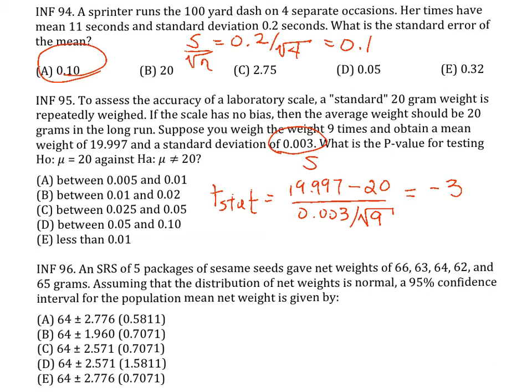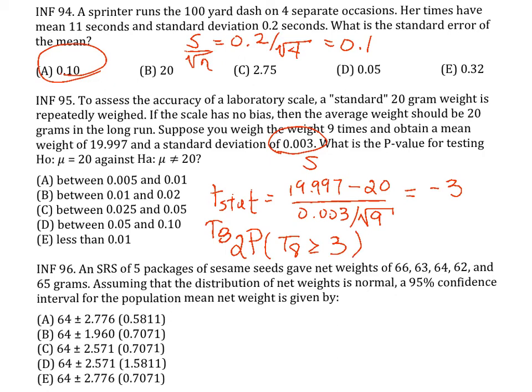Alright, so we're going to test using the t distribution with 8 degrees of freedom, and we're going to see the probability, the p-value, as 2 times the probability that the t8 distribution is higher than our t-stat of 3, right?